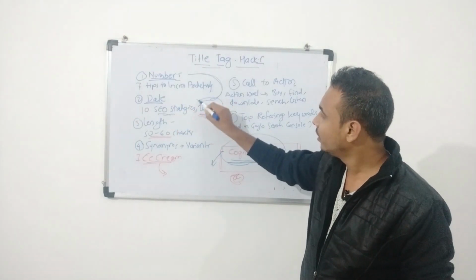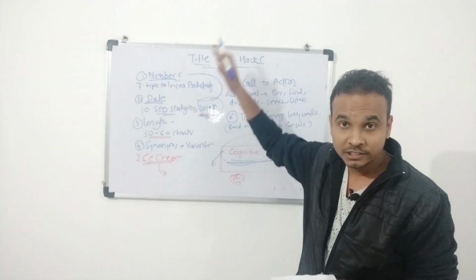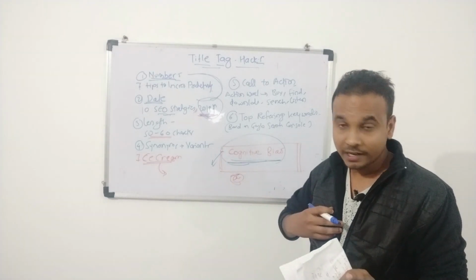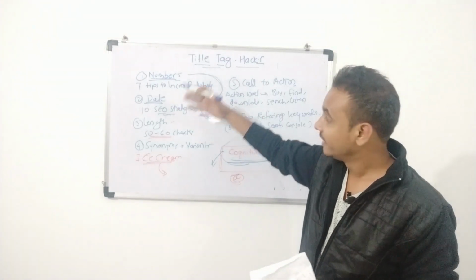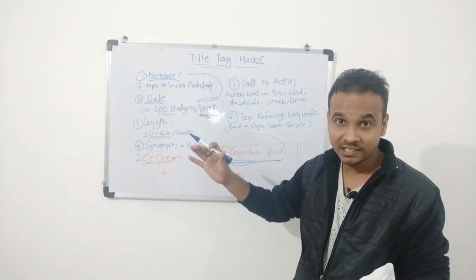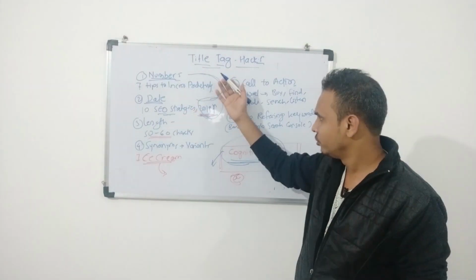Just by putting 2019 here, I am making a decision. There are many titles on a search engine result page. The user comes to that page and finds 5 or 10 different articles for the same keyword, SEO strategies.